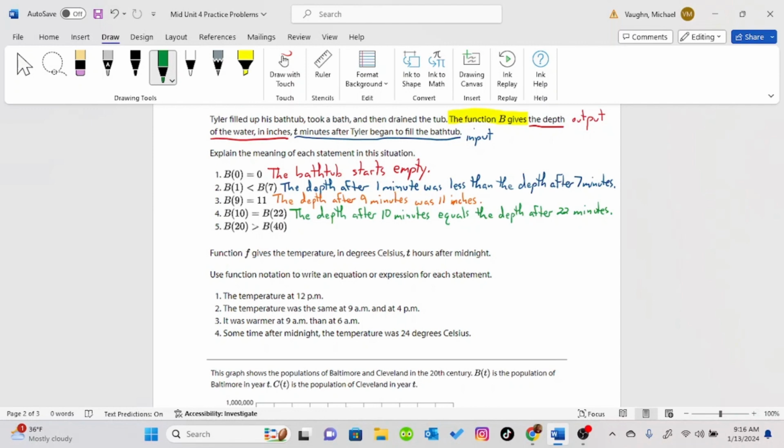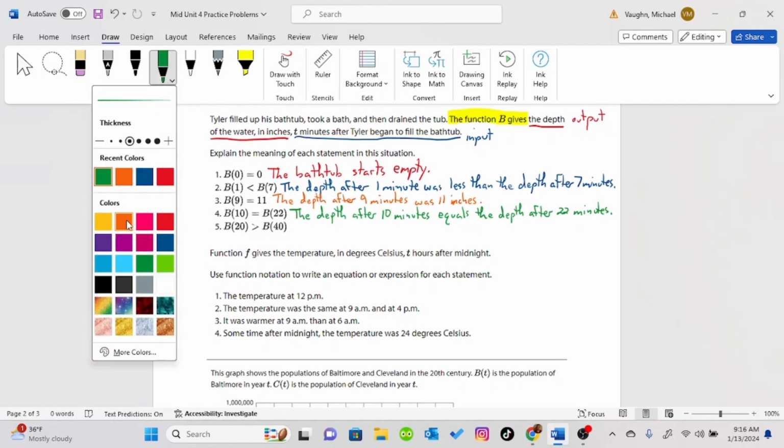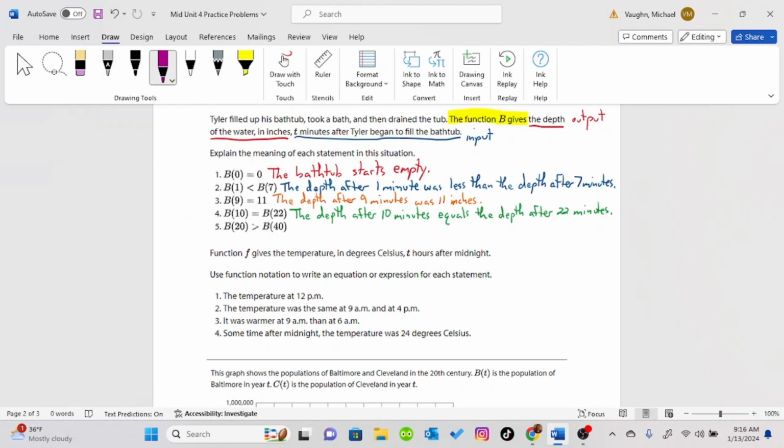And number 5, B of 20, which is the depth after 20 minutes, is greater than B of 40, which is the depth after 40 minutes.